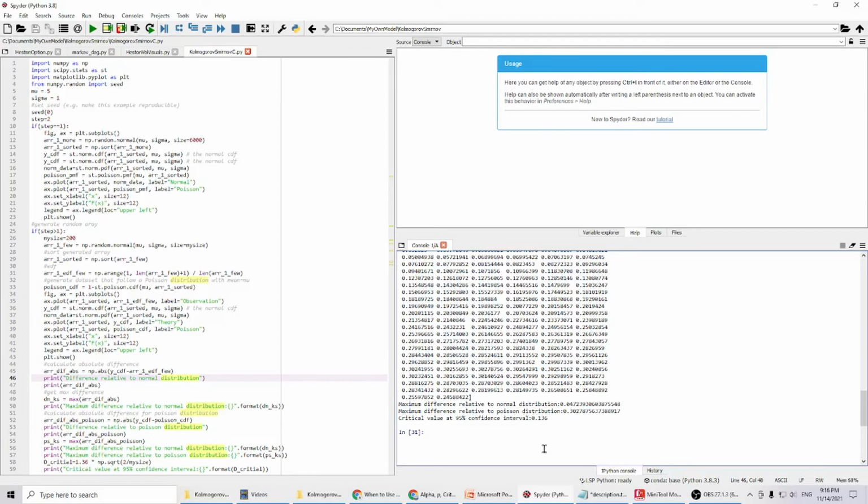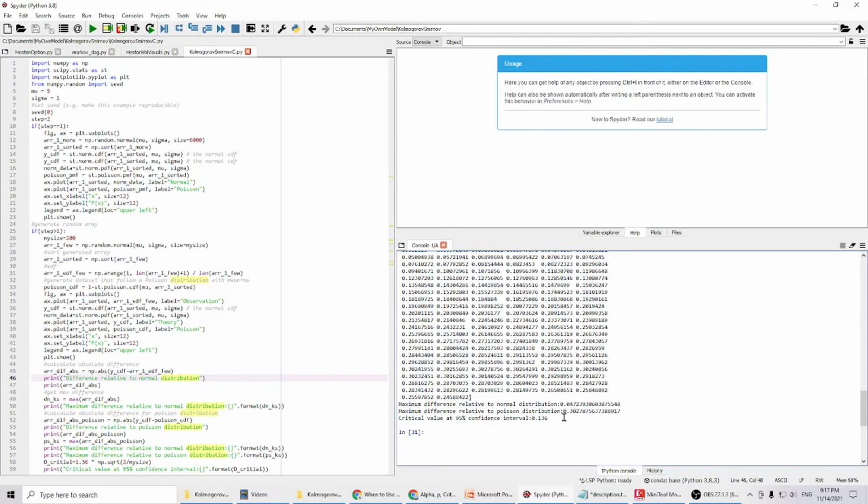0.136. You can see the maximum difference relative to the normal distribution is much smaller than the critical value, so we can reach the conclusion our sample data came from the normal distribution. Meanwhile, you can see the maximum difference relative to the Poisson distribution is 0.3.